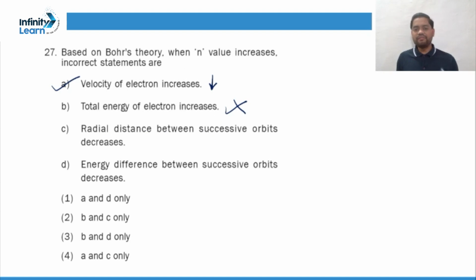The radial distance between the successive orbits decreases. Extremely sorry, the radial distance does not decrease, it increases. So this can be one of the answers. Energy difference between successive orbits decreases. That is right. So option A and option C. So I'll go with 27, option number 4. Option number 4 is the right answer.